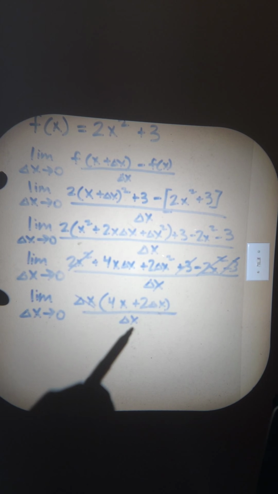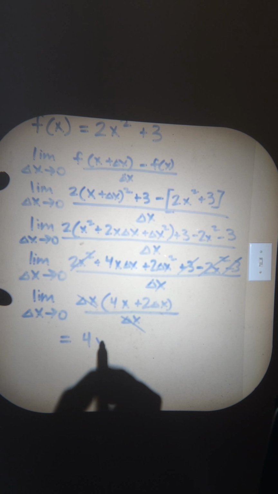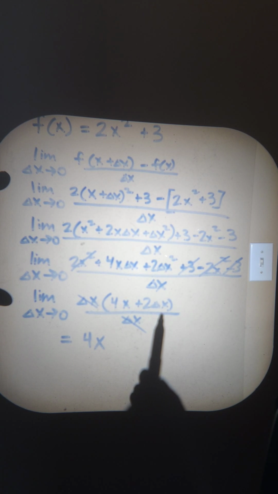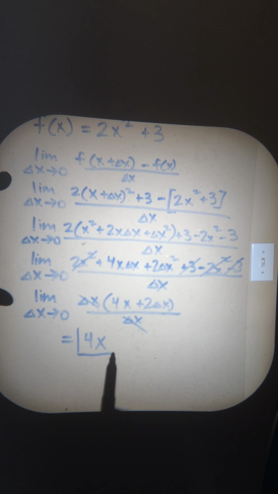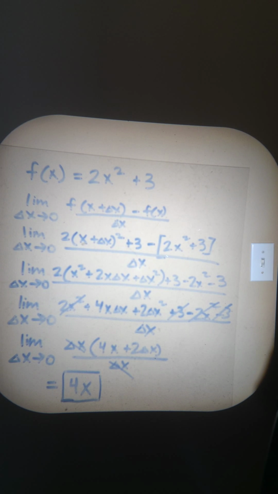Alright, so our delta x cancels, and then we are left with 4x, because when I plug in delta x over here, this is just 0. So this is our answer, which is the slope of the tangent line of 2x squared plus 3.